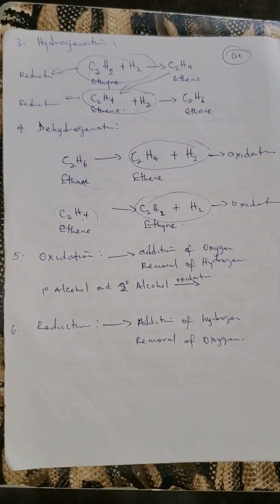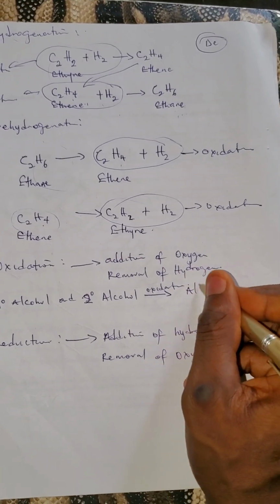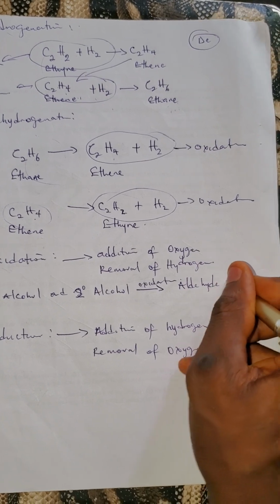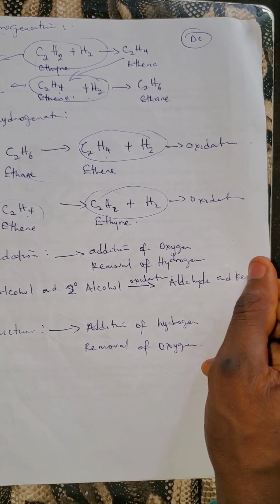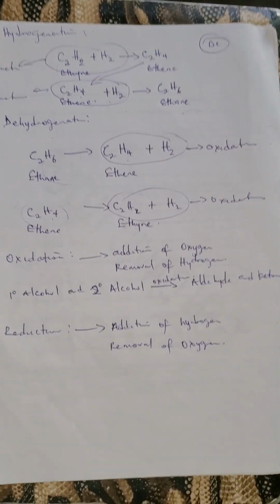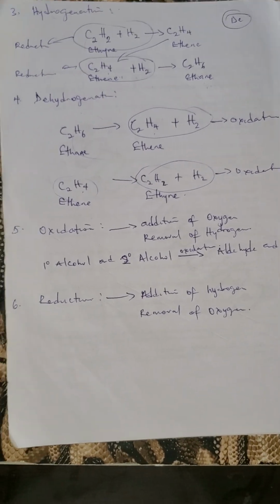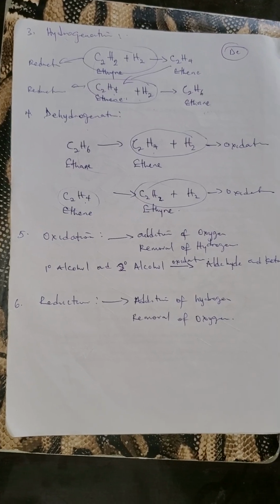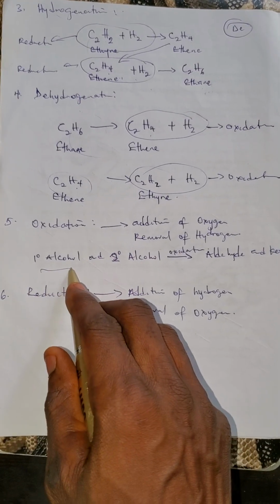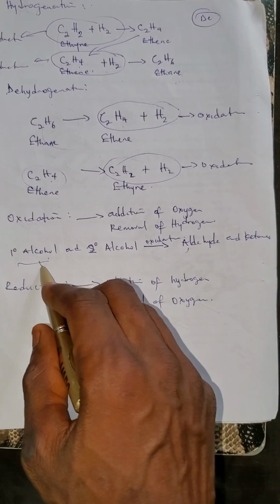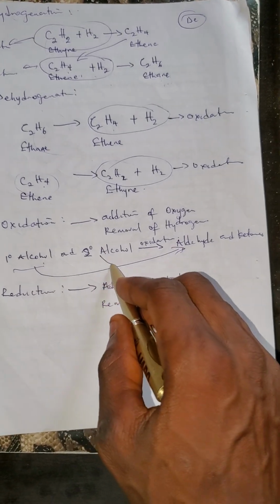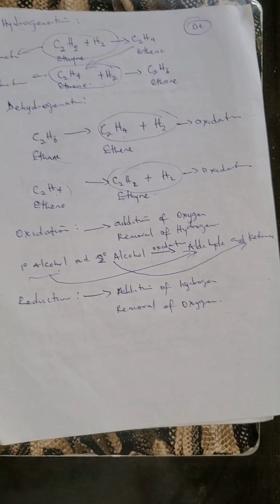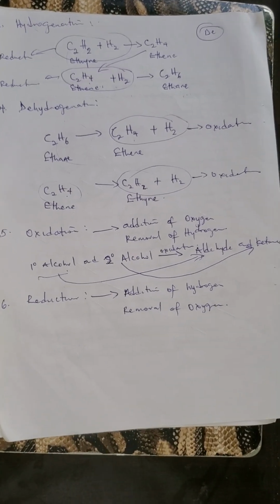in order to give you aldehyde and what? And ketones. Aldehyde and ketones. They undergo oxidation in order to produce aldehyde and ketones. That shows that primary alcohol undergo oxidation to give aldehyde, and secondary alcohol undergo oxidation to give ketones.